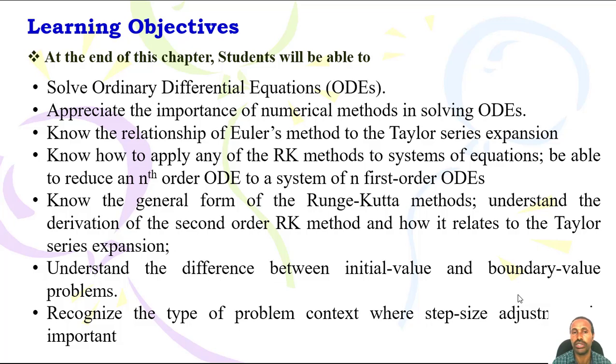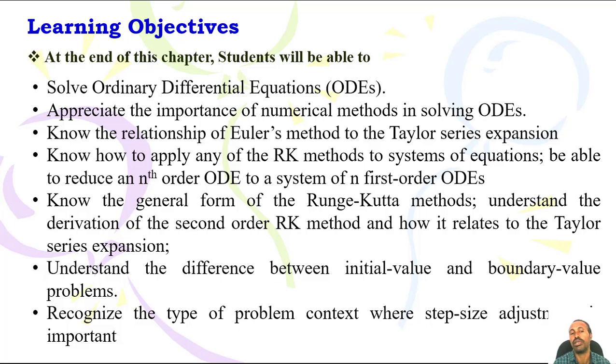At the end of this chapter, you will be able to solve ordinary differential equations in any format, and you will be able to appreciate the importance of numerical methods in solving ordinary differential equations, and also know the relationship of Euler's method to the Taylor series expansion, and know how to apply the Runge-Kutta methods to systems of equations.